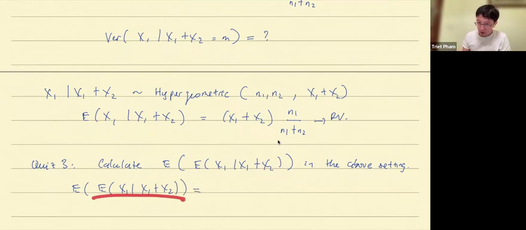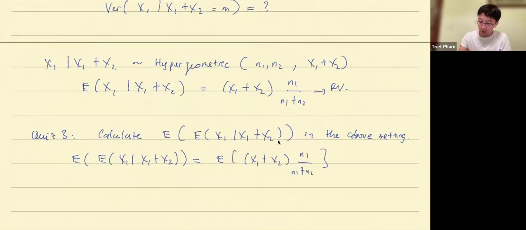Okay, what's the answer? Well, the inner expression is this. And then of course, this being a random variable, what kind of random variable is it? Well, x1 being a binomial n1 p, therefore it's going to be n1 p.